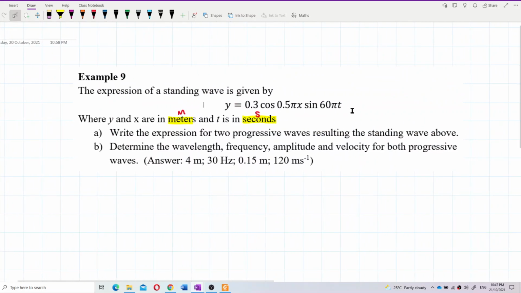Now this is the formula for standing wave. So we rewrite this formula, and then I want to compare with the general formula. So this is y equal to 0.3 cosine 0.5 pi x, then sine 60 pi t.